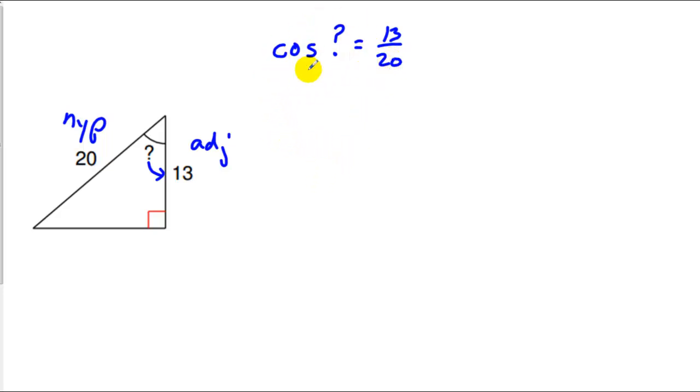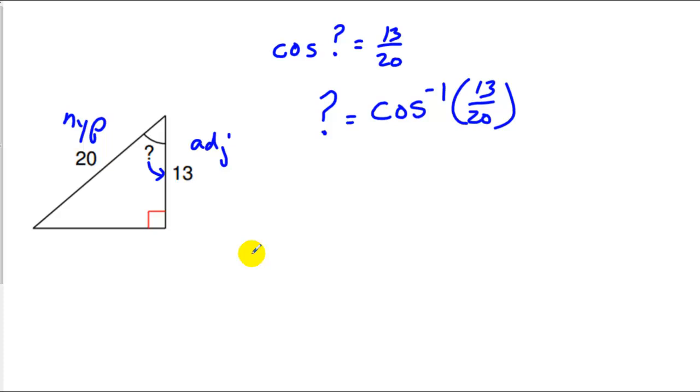I need to get that angle by itself, and this is a cosine value, so it's a function, which means I need to take its inverse in order to get the angle by itself. So that unknown angle is equal to the inverse cosine of 13 over 20.